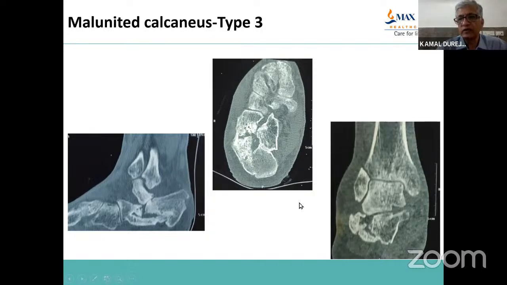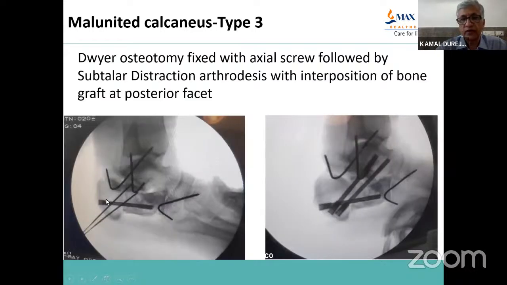So here you see the height reduction, and how to manage this is you correct the varus angulation by a Dwyer osteotomy, fix your Dwyer osteotomy with one screw, and proceed to put a tricortical graft at the posterior facet so that you achieve a normal height from here to the dome of the talus.